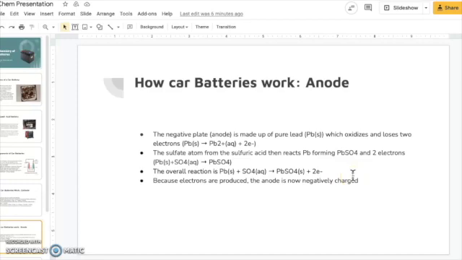So Pb plus SO4 obviously forms lead sulfate. And the overall reaction is Pb plus SO4, which then results in lead sulfate and losing 2 electrons. And because the electrons are produced, the anode is now negatively charged.